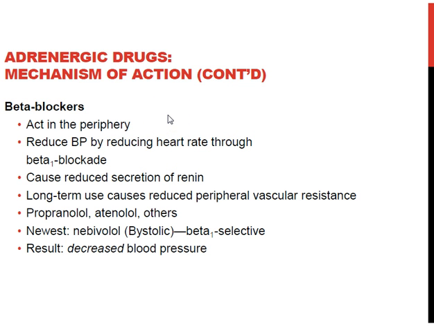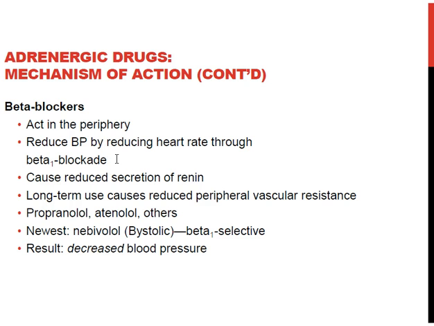Okay, so our next category of medications that you're familiar with from our anti-anginal lecture and from the hypertension or heart failure lecture is the beta blockers. So beta blockers act in our periphery. They reduce blood pressure by reducing heart rate, right? By blocking the beta 1 receptor site. The beta 1 receptor increases heart rate and increases cardiac output if it's stimulated.